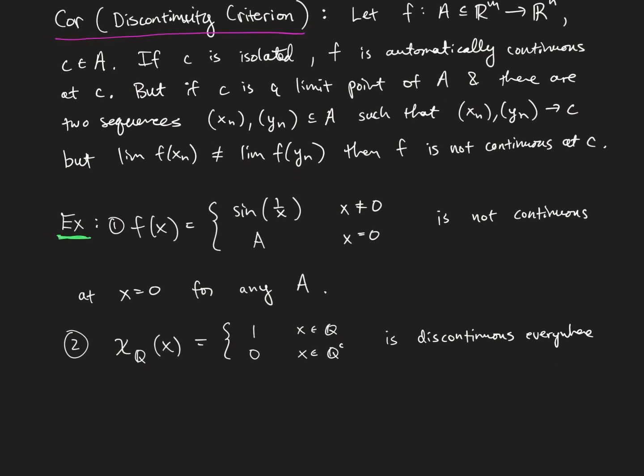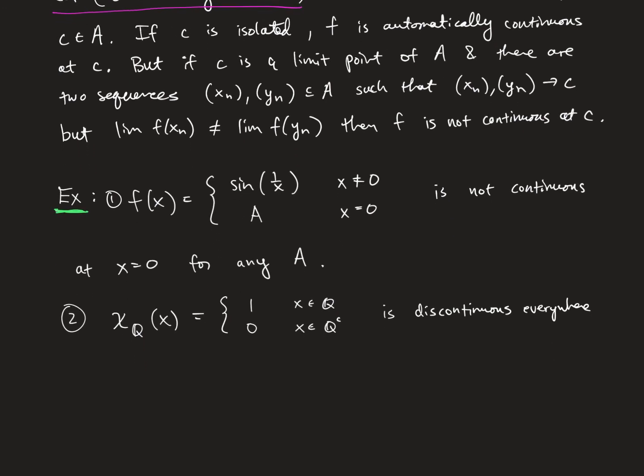You'll remember from last time, any real number is a limit point of the domain, since everything's in the domain. And we can always find a sequence of rationals approaching that point, so a sequence of f values equal to 1, and a sequence of irrationals, so a sequence of f values equal to 0, converging to that given real number. And so our function can't be continuous at that point, and that argument works for any number, so it's discontinuous at every value.